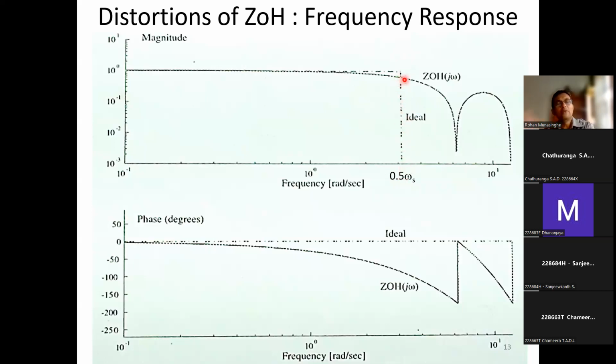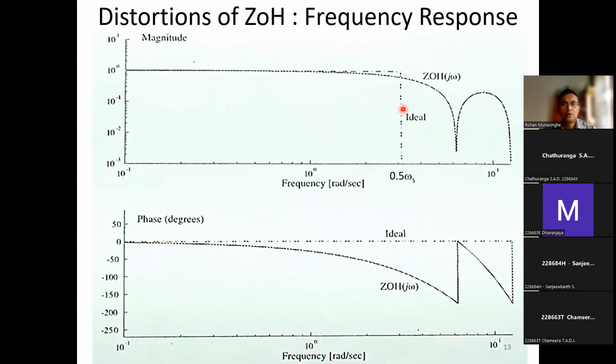So at 5 times the bandwidth point, you have a little attenuation and this much of phase loss. But 5 times the bandwidth means you don't have any signal in that range. You have the genuine signal up to your bandwidth.